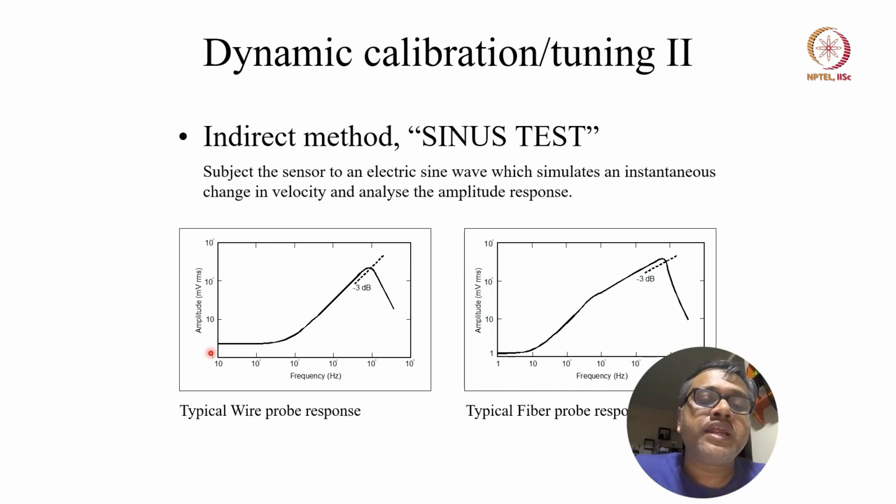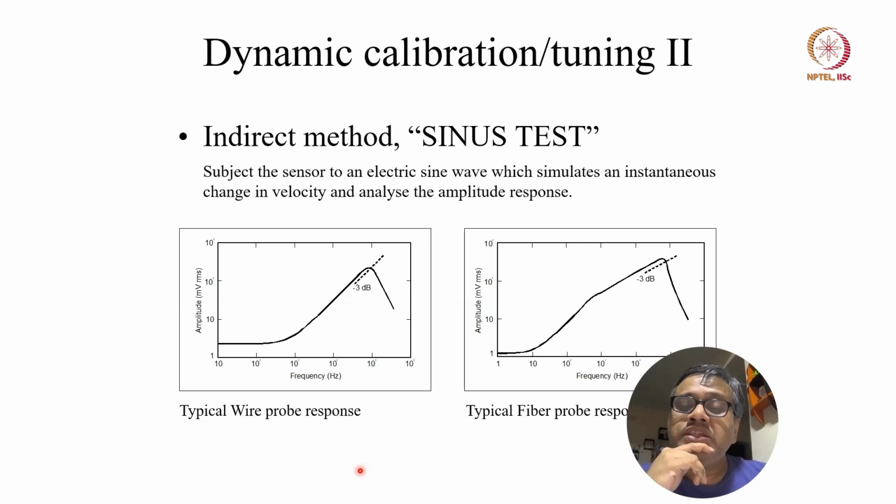For example, on an amplitude basis, up to about 10 frequency, you don't have a change in the response at all. Then this response starts to go up as you go higher in the frequency band, and then there is a sharp drop. Okay. So this is a typical wire response that you would normally associate with.